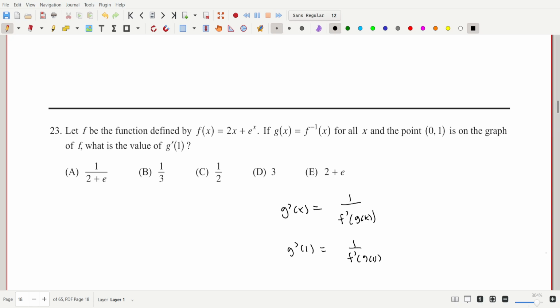Now they tell you the point (0, 1) is on the graph. That means f of 0 is 1, which means g of 1 is 0. They usually will tell you this on these problems. So 1 over f prime of 0. We got to find f prime. F prime of x is 2 plus e to the x. When you plug in 0, you get 3. So 1/3.